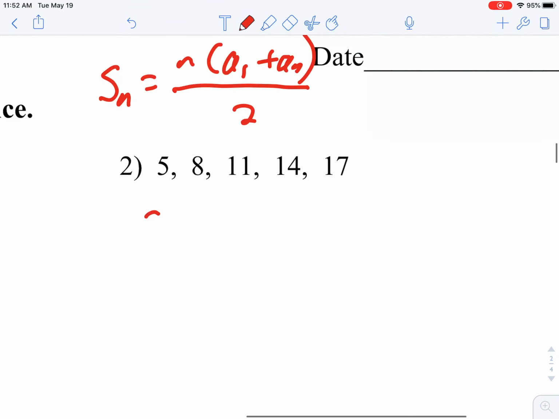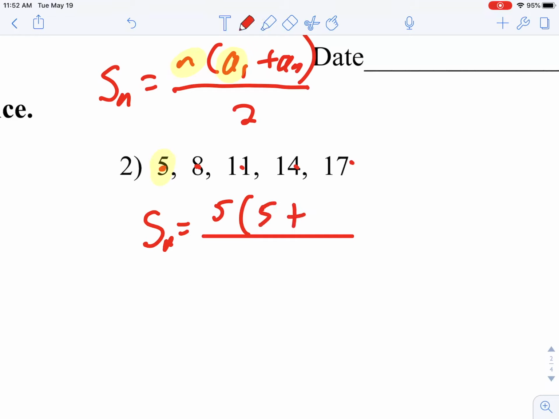Okay. So what is the sum if we add these together? Well, what is n? How many numbers are there? 1, 2, 3, 4, 5. So this number is a 5. a1, what's the first number? 5. Plus a n, what's the last number? 17.